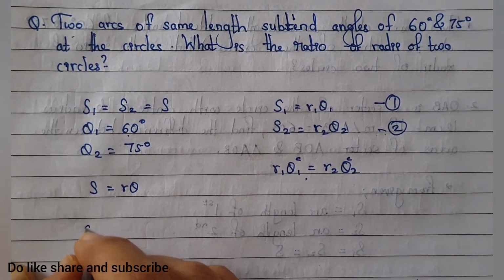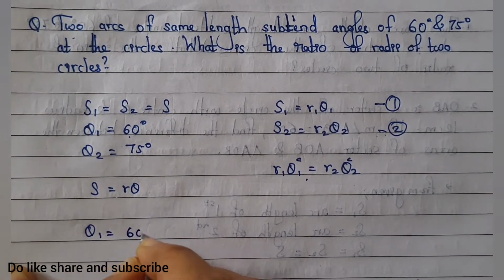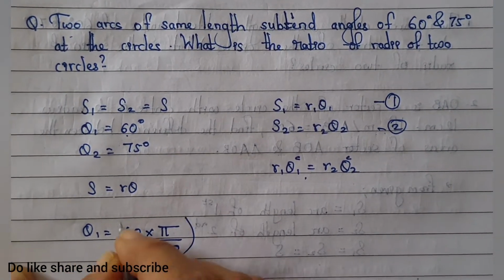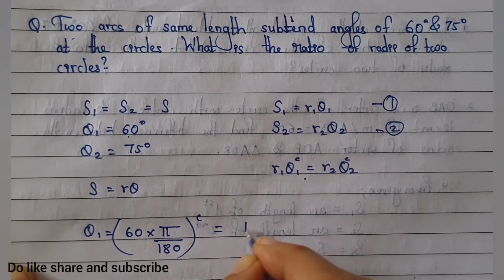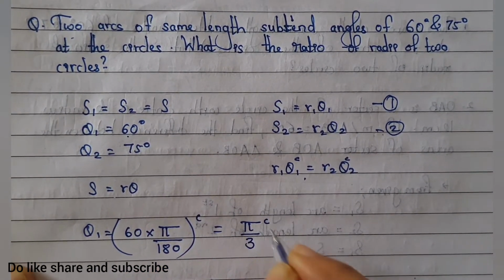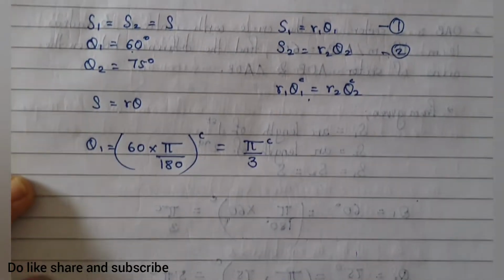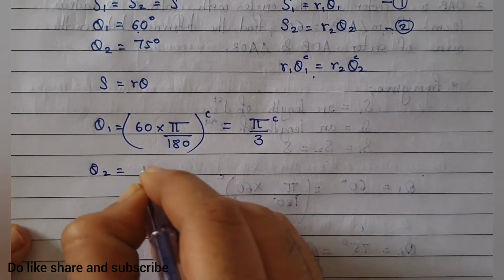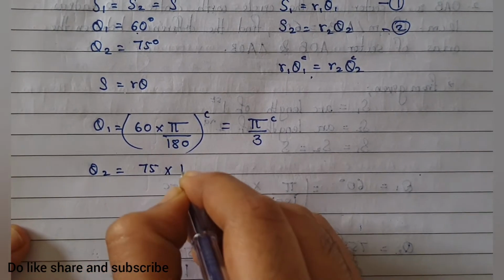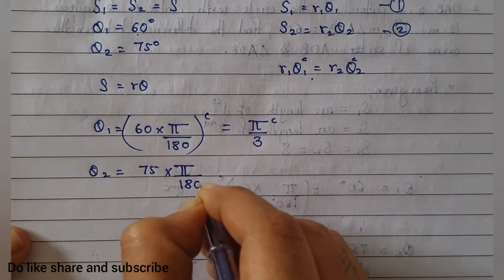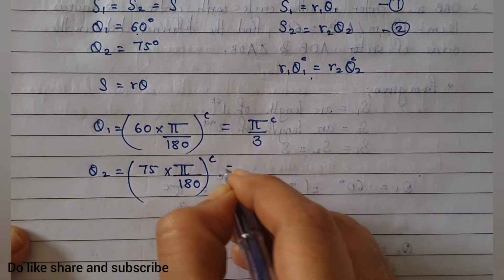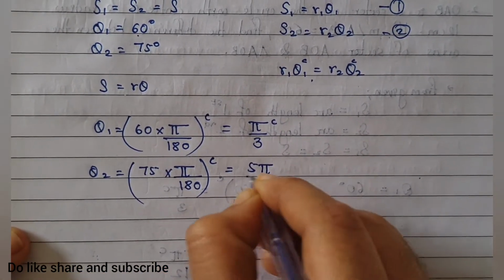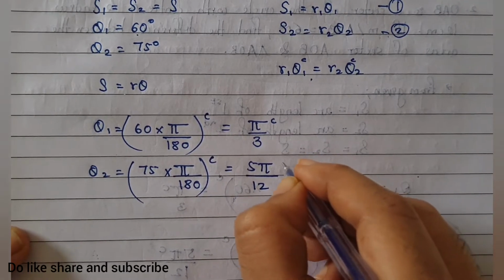So we have theta 1 is equal to 60 into pi by 180 radian, that will give us pi by 3 radian. Similarly for theta 2, theta 2 is equal to 75 into pi by 180 radian, that will give us 5 pi by 12 radian.